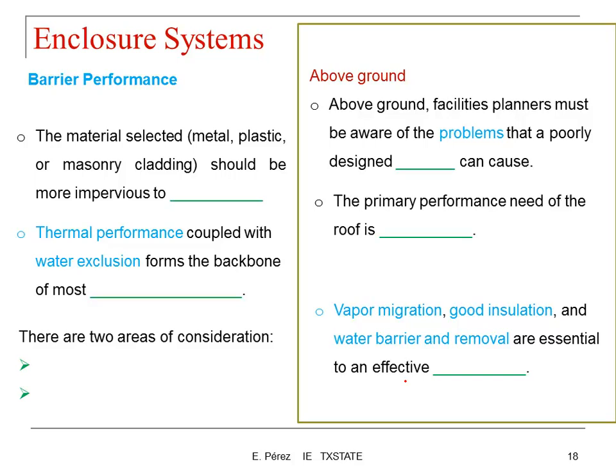So barrier performance, the material selected, metal, plastic, or masonry cladding, should be more impervious to penetration, and thermal performance coupled with water exclusion forms the backbone of most enclosure systems.